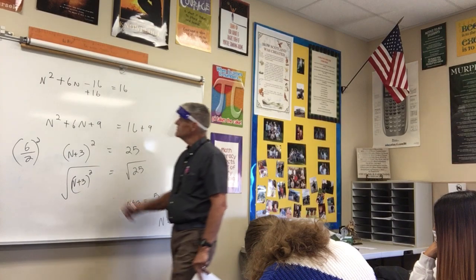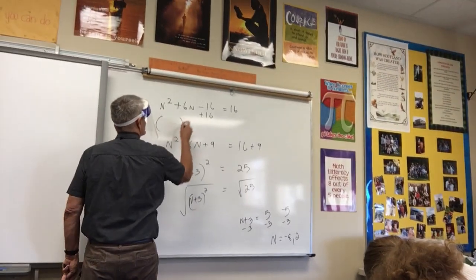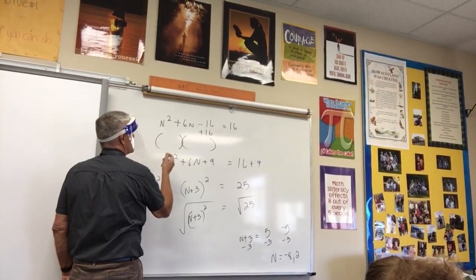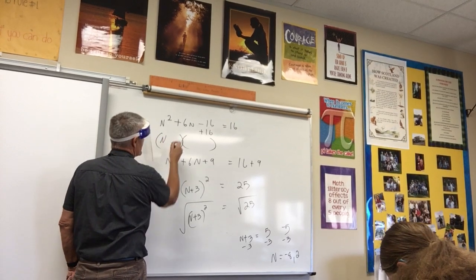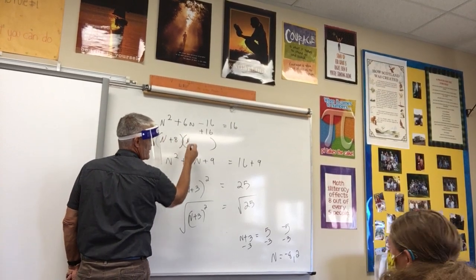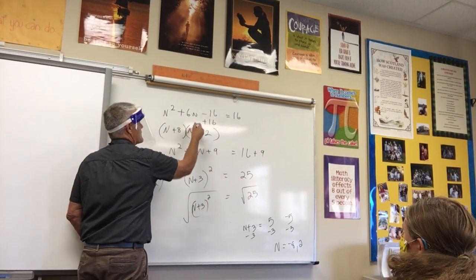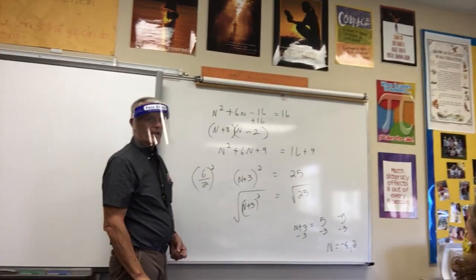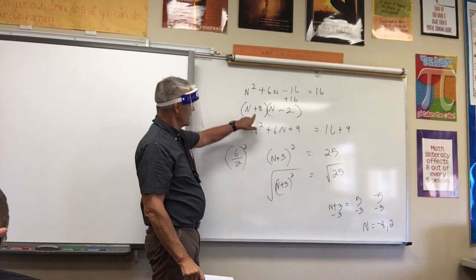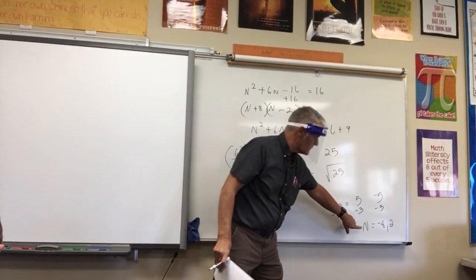So in other words, this up here was n plus 8 and n minus 2. So that's n. And when I take the roots of that, I get a negative 8 and a positive 2, which is what I got here.